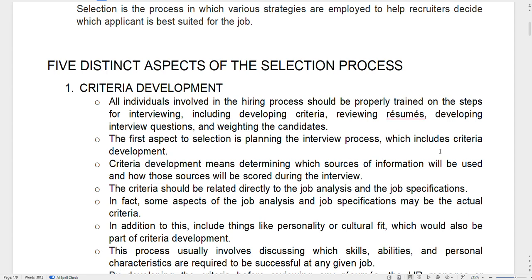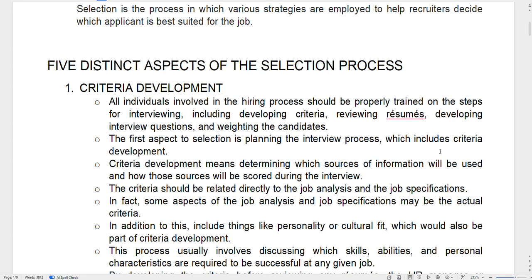This is the very reason why we highlighted last time in our discussion that job analysis is important. Because we break down the job. That's why it is so important. In fact, some aspects of the job analysis and job specifications may be the actual criteria.